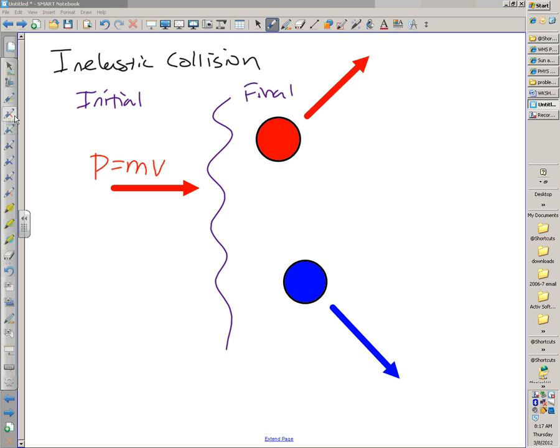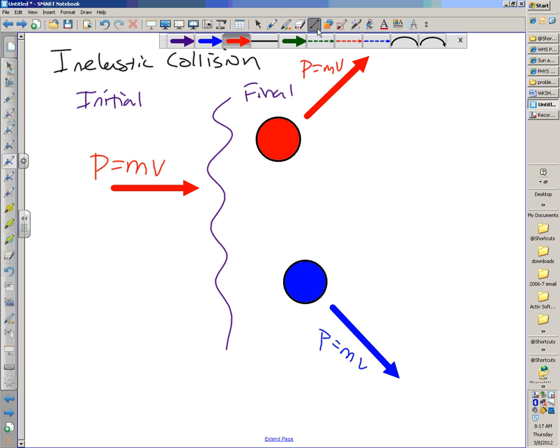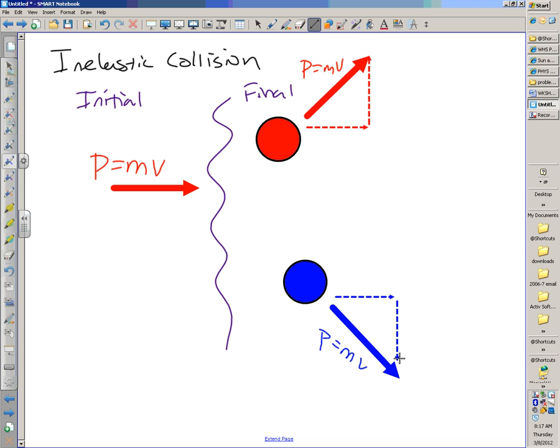Then, once again, we still have to calculate momentums. But now we make use of the two-dimensional component idea, and we talked about that this has an x component and a y component, and that this one also has an x component and a y component.